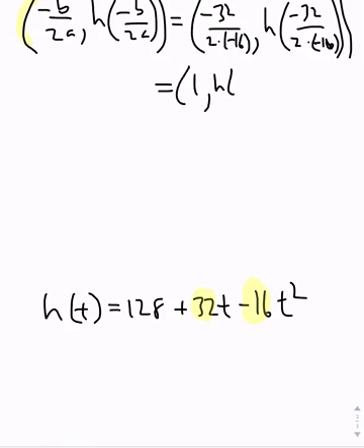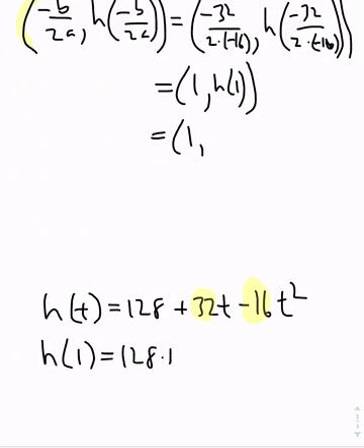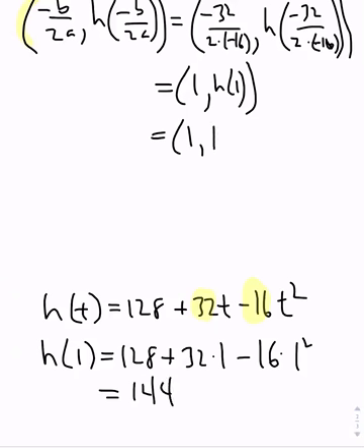So we get h of 1. So we have h of 1 will be 128 plus 32 times 1 minus 16 times 1 squared. So I'll go through and evaluate that. 128 plus 32 will give me 160. Subtract 16, so I get 144. So 1, 144 are the coordinates of my vertex.